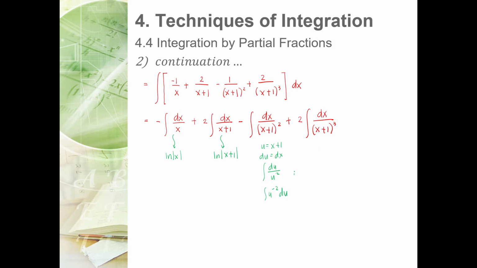The same goes for the fourth, which becomes integral of u to the -3 du. So this would give us u to the -3 over 3, and this one u to the -4 over 4. I took a shortcut here so that we don't take too long. I think what's important is discussing the partial fraction decomposition.